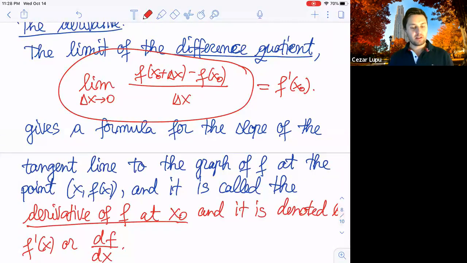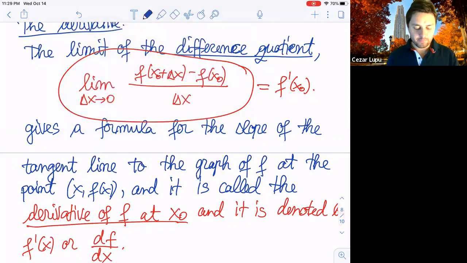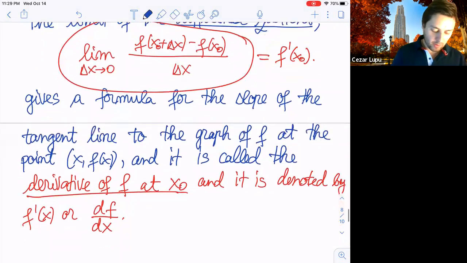Okay, now let's see. I would like to mention two things before we do some examples. So let me point out the following remarks.